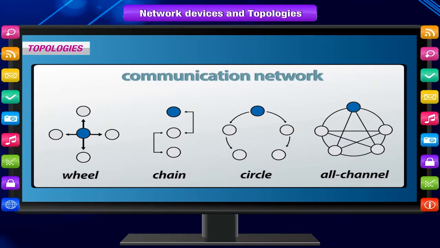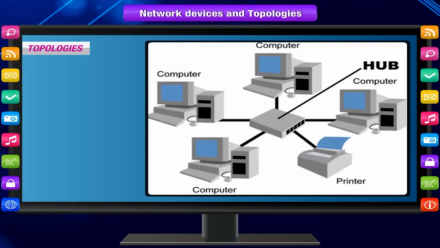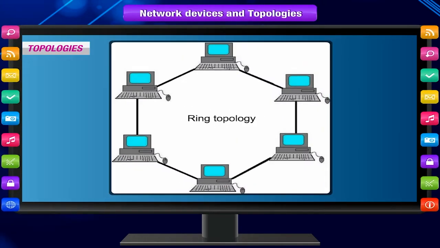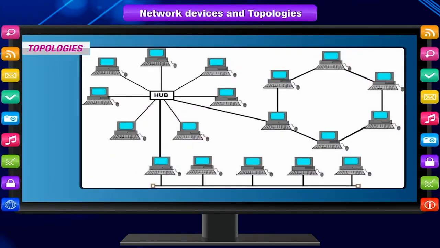Generally used topologies are line topology, bus topology, star topology, tree topology, ring topology, mesh topology, hybrid topology, etc. Among these, star topology and ring topology are most popular nowadays.